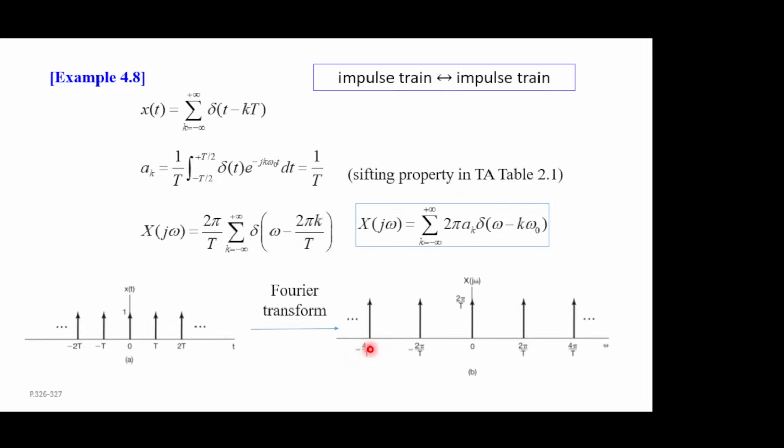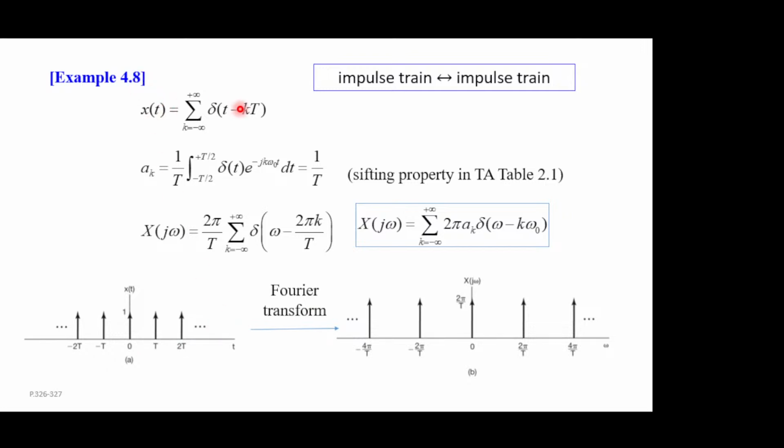Okay, then let's see a very interesting function. It's a periodic function that also has a whole bunch of delta functions. This is called the impulse train. It's equally spaced delta functions with the same height.